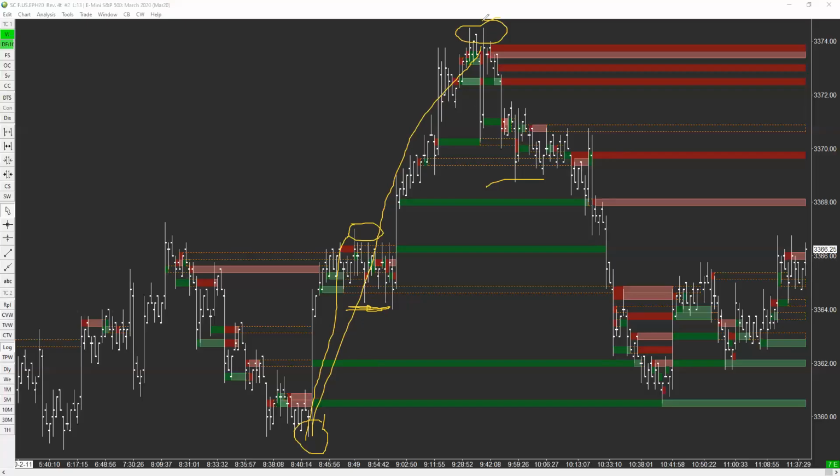You could keep it in perspective, but you have to say, hey, what also happened on the shorter stuff? From here to here, the whole damn thing was not only retraced, but they've already retraced some of this move up. You just got to be careful because you're reading it in the smaller time frame.